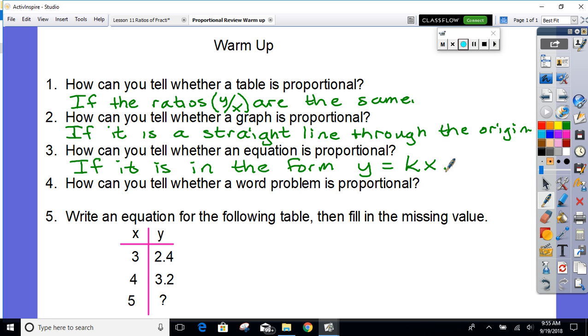We usually write it like this, Y equals something times X. What is that something? It's K, but what's K? 0.8. Well, it's not always 0.8. It could be any number, but how do we get the number? By dividing Y over X. Good, good. When we find that unit rate or that constant of proportionality, that's what goes in there.